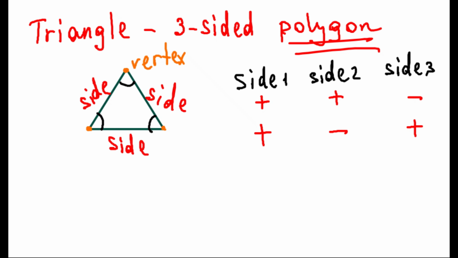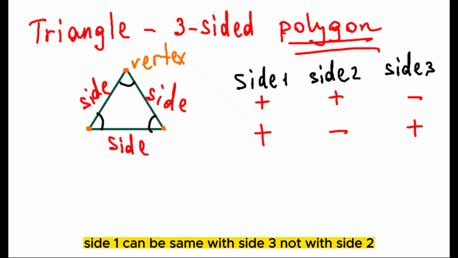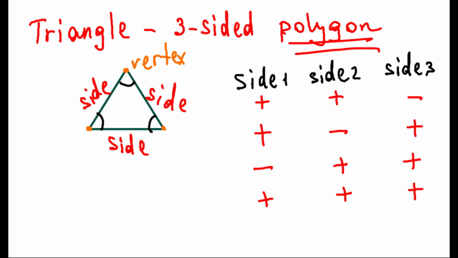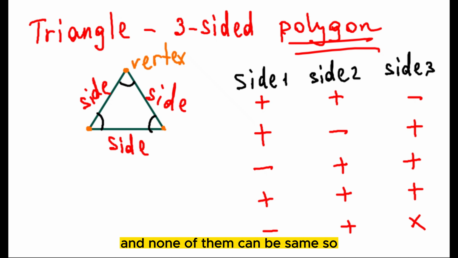Or side 1 can be same with side 3, not with side 2. Or side 2 and side 3 can be same. All of them can be same and none of them can be same.